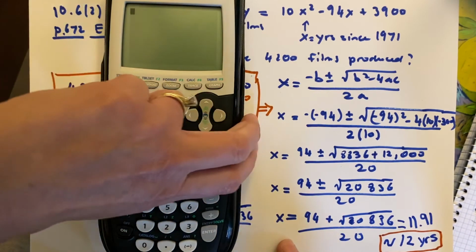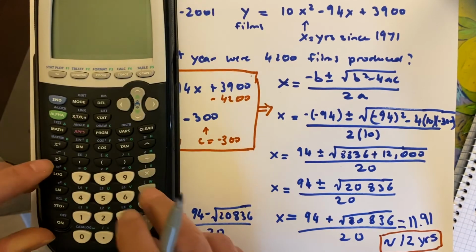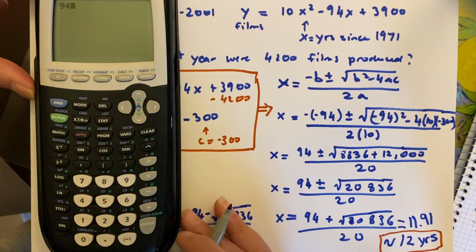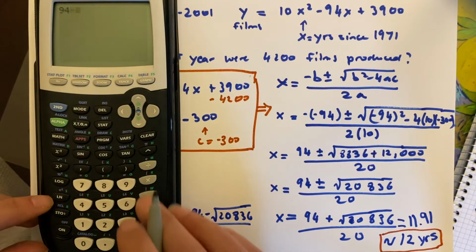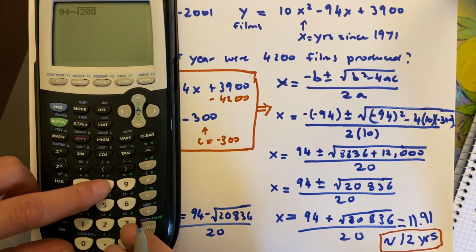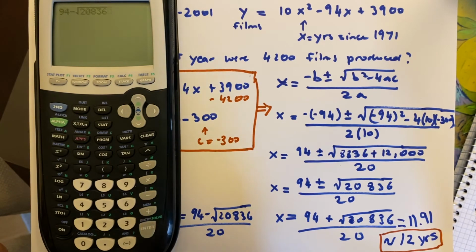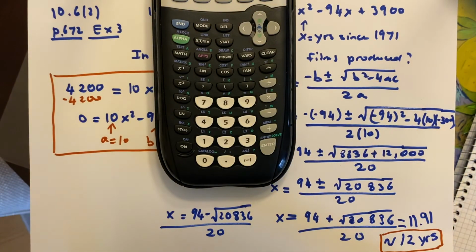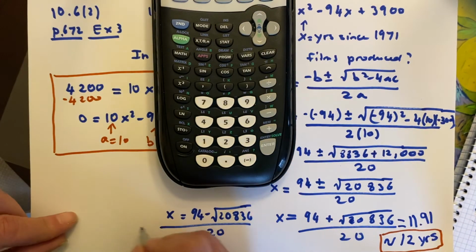My second answer is similar, but I'm going to start here with 94 minus the square root of 20,836, divided by 20, and I get negative 2.51, which the book seems to round to negative 3.